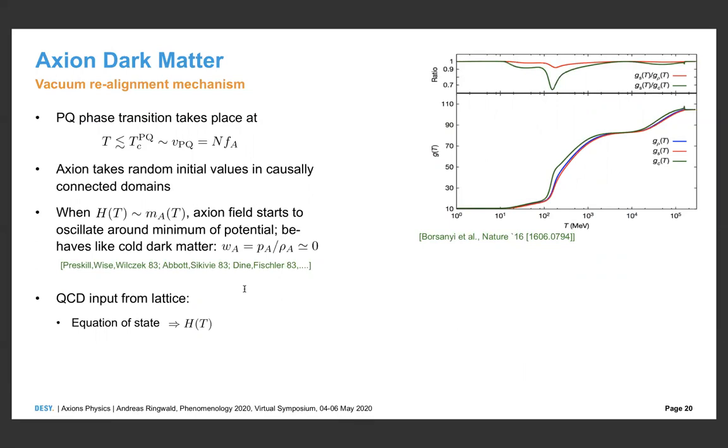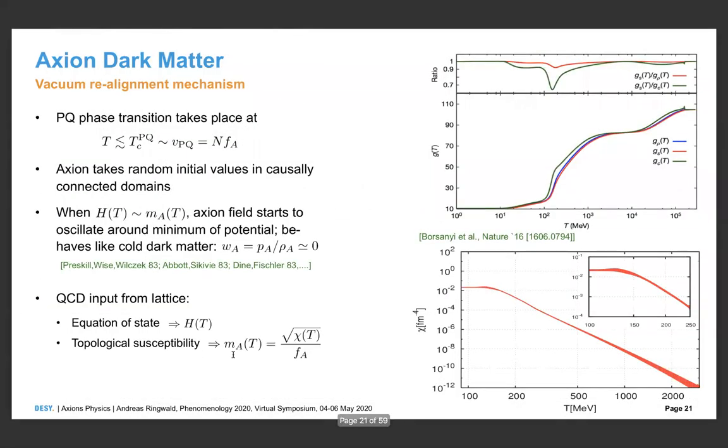The Hubble expansion rate as a function of temperature around the QCD scale, or the QCD crossover, is determined essentially by the equation of state, and so by the entropy, heat capacity, and energy density contributions, which have been determined recently with a very small error bar.